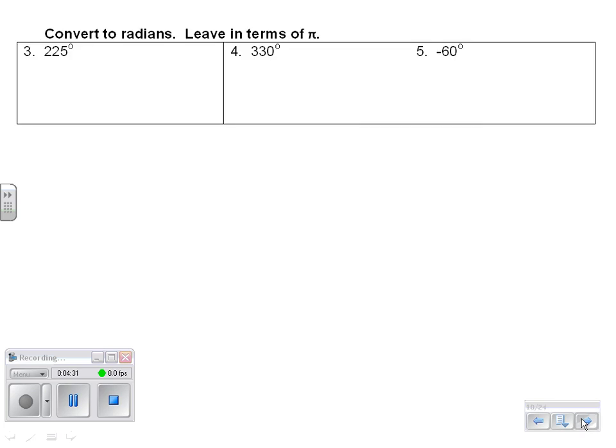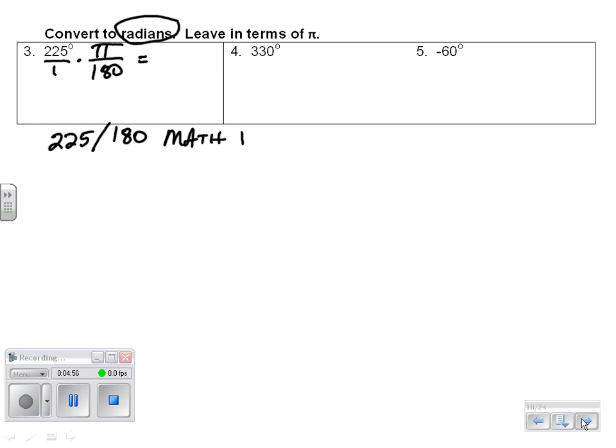If we're converting to radians, we multiply 225 over 1 times pi over 180. We're going to radians, so we want to put a pi into the problem. That's why we multiply by pi over 180. On your calculator, you can put 225 divided by 180 and then press math 1, and it'll give it to you in fraction form, which is what we want.